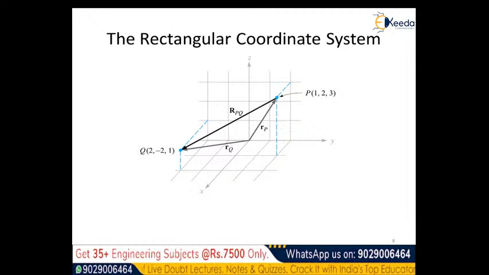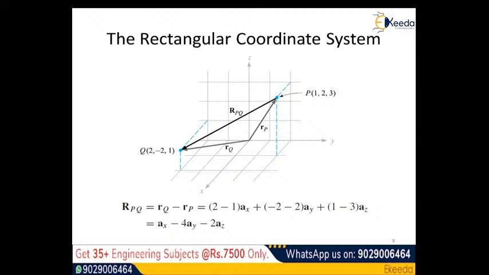Now next to that, for determination of any vector, for example one that starts at the point P and ends at the point Q, we used to subtract the coordinate values and obtain the vector representation in the rectangular coordinate system. Similar things we can do in the other coordinate systems also.